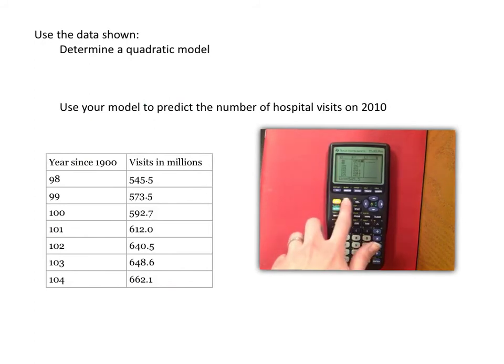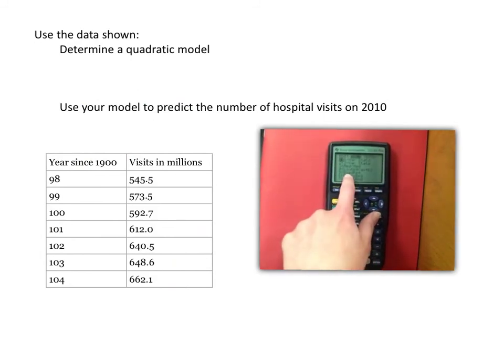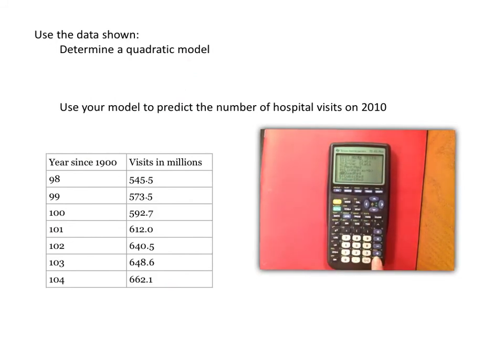From there, you'll quit and go back to Stat. Now we want Calc, and we want a quadratic regression because it asked for a quadratic model. And you can just hit enter.